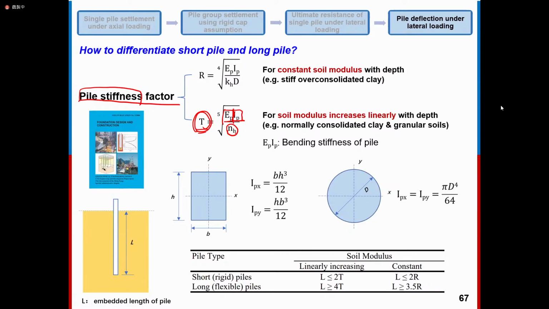the stiffness or the soil condition for the surrounding soil, right? So actually this T parameter considers the property of the pile and the property of surrounding soil.